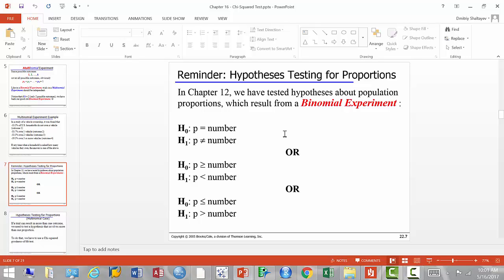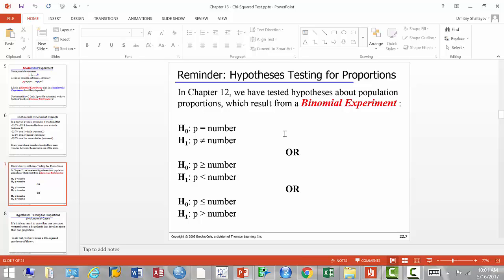Now that presents a problem actually. What kind of problem? When we had a binomial experiment, such as, for example, during the class we considered elections, right? There was an example, which candidate is going to win? We had a file with all the votes. If it's a Republican, it's a 1. If it's a Democrat, it's a 2. And then we tested the hypothesis, or we constructed the confidence interval also, can we claim that Republican is winning?